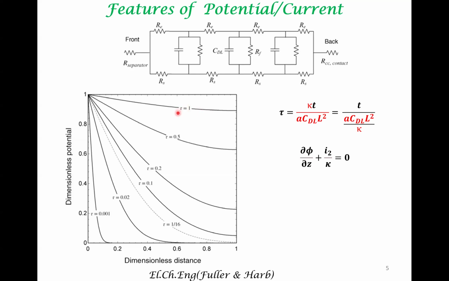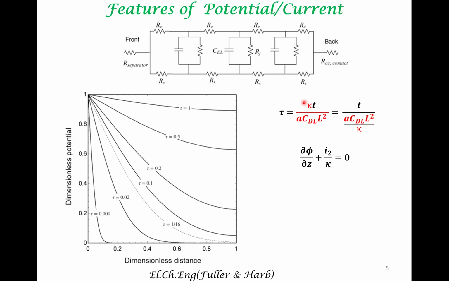Let us understand how to get a high value of tau. To get a high value of tau, this must be a small quantity, or you have to have the conductivity be large, which makes sense, right? If the conductivity is large, then the resistance for the flow of ionic current within the porous electrode is less. Therefore, the ionic current is facile in the porous electrode. Another way to get adequate current across the entire porous electrode is to have small l.